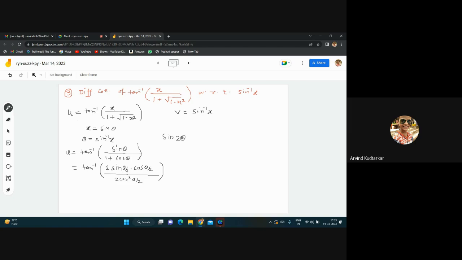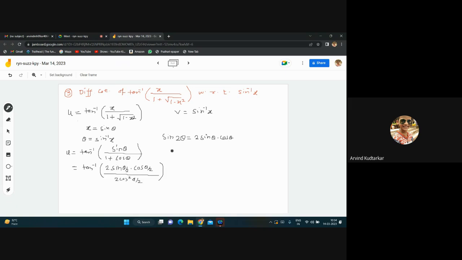Sine of 2 theta is 2 sine theta cos theta. So how do we get the formula for sine theta? Dividing the angle on both sides by 2, we get the formula in multiplication form, that is 2 sine theta by 2 into cos theta by 2.